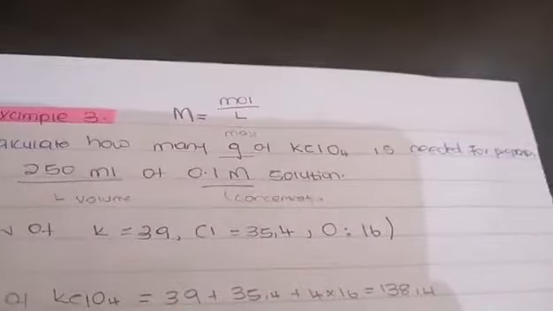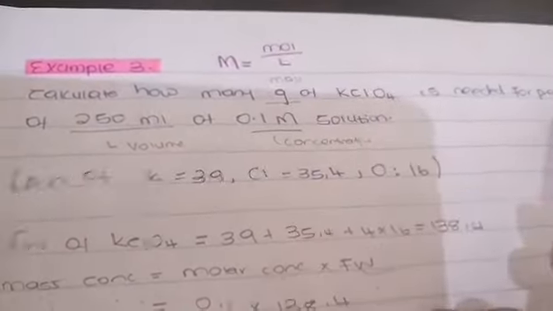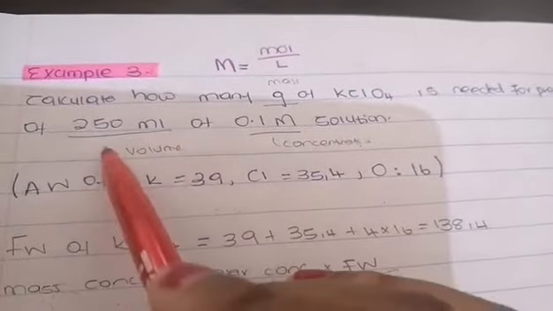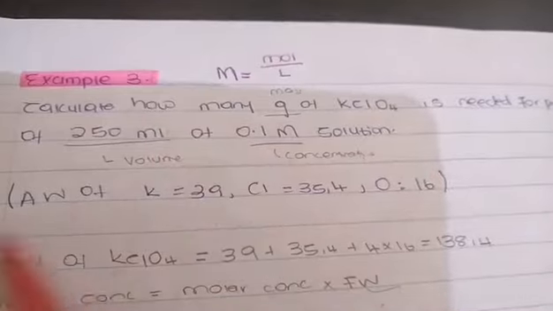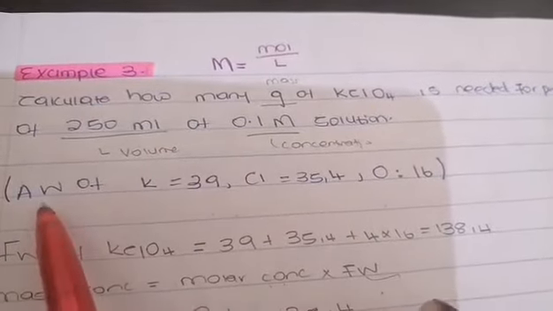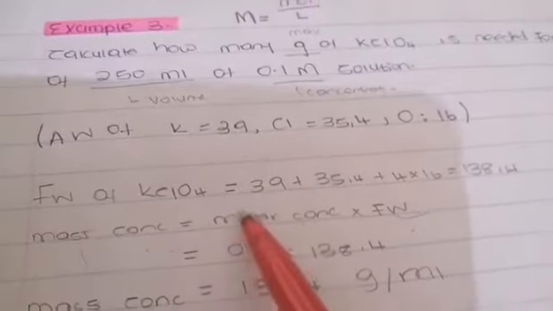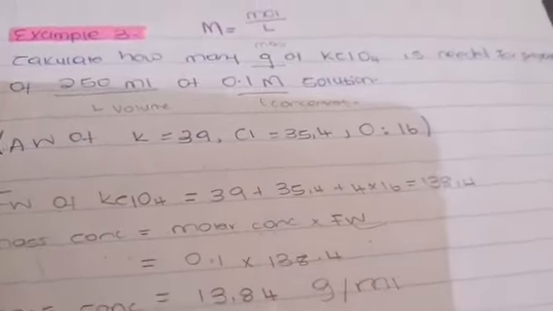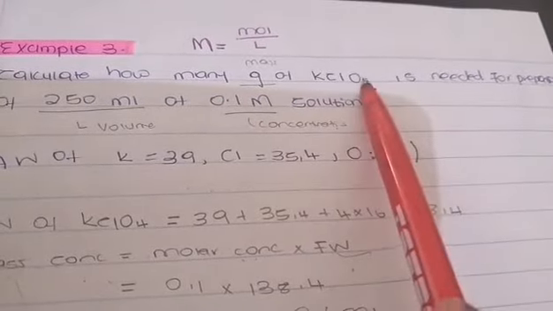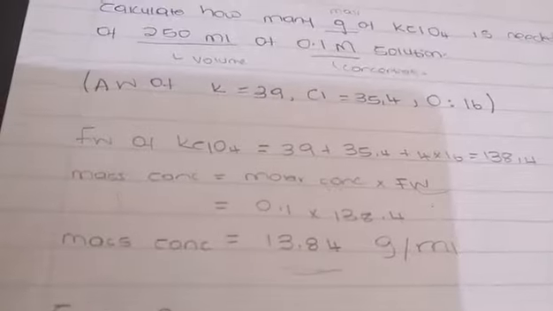So another example is this one. They want us to calculate how many grams of this is needed to prepare a volume of this, of a concentration of the solution. So here we have our atomic weight for each. So we have to find that FW, which is that. It's not necessarily the sum, because we also have to consider the 4 here multiplied by 16, and then we get that.